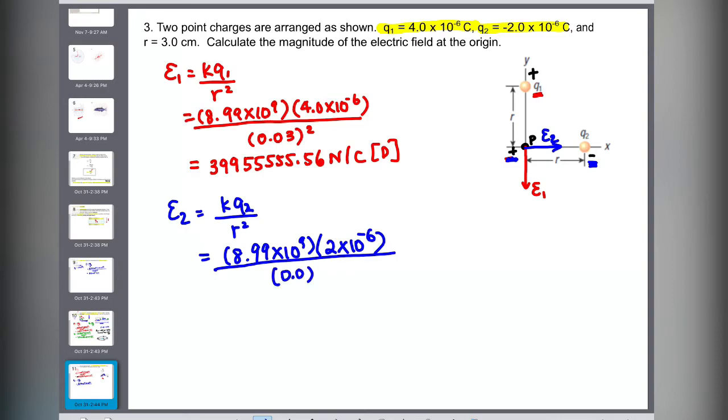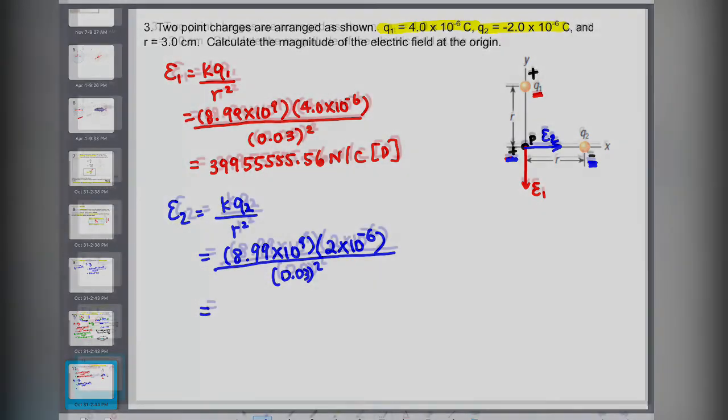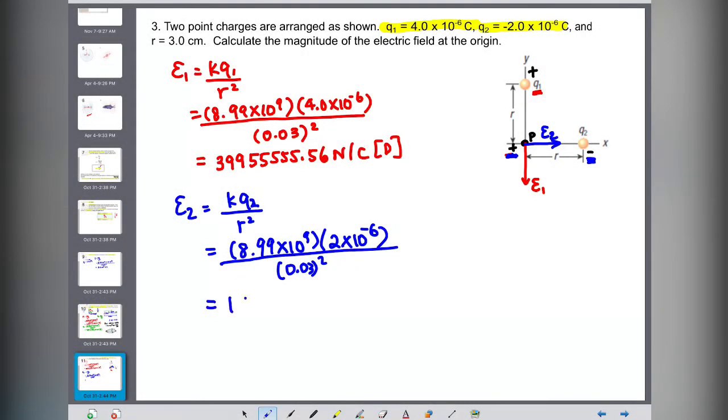Over R, the same R. Okay, and this is going to the right.